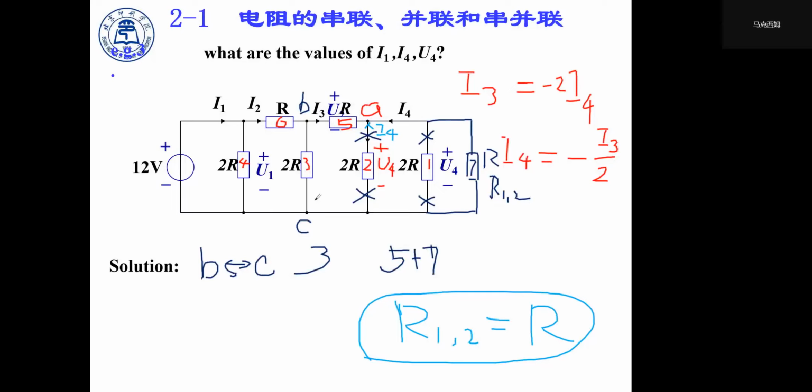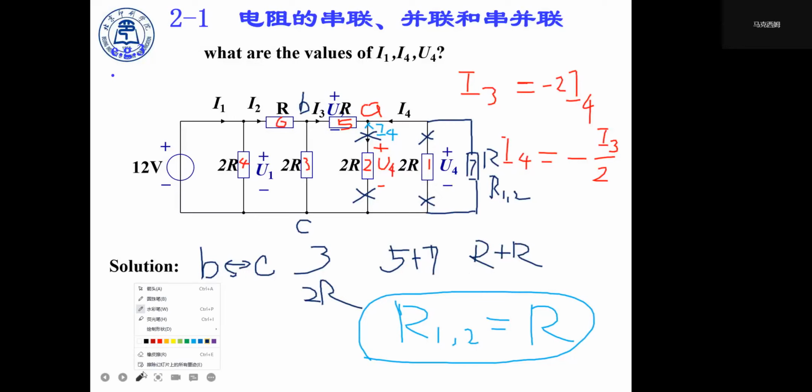Resistor 3 has a value of 2R, resistor 5 is R, and resistor 7 is R. So then we will reach another parallel network. Right? Do we copy?